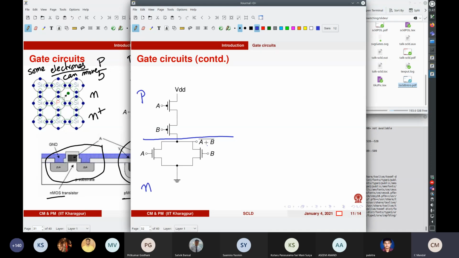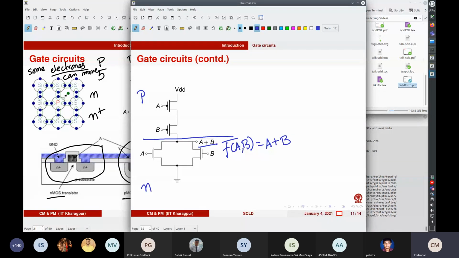So again, as I said, if either A or B become high, the output goes low.